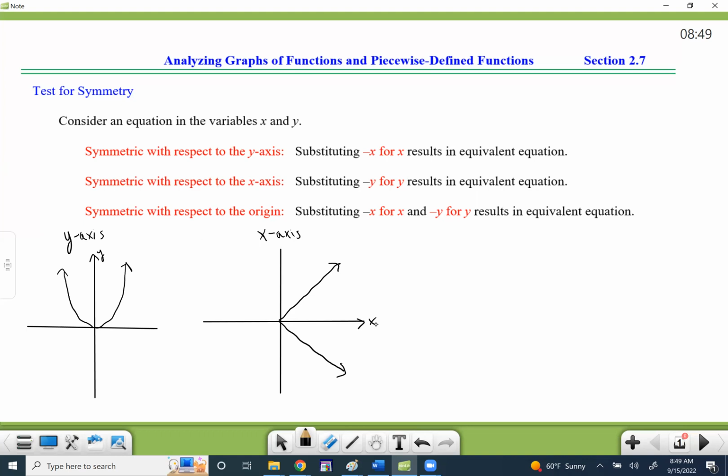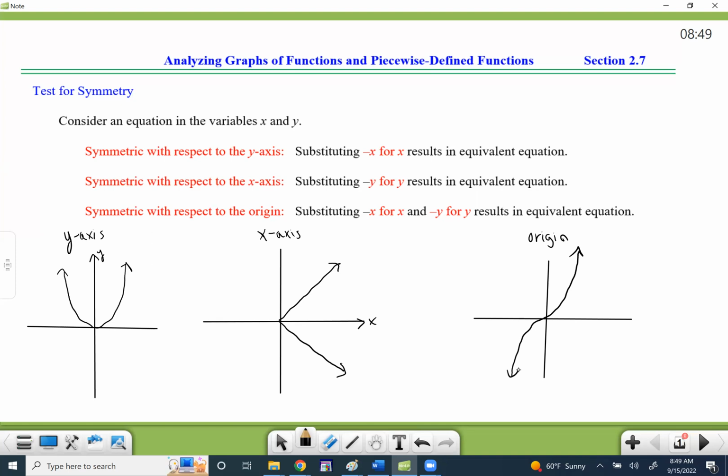Okay? And then symmetric to the origin is probably new to many of you. So that one's kind of the tougher one of the three, sorry, to explain. So symmetric to the origin would be maybe something like an x cubed, okay? And I'll try to explain it a few different ways.